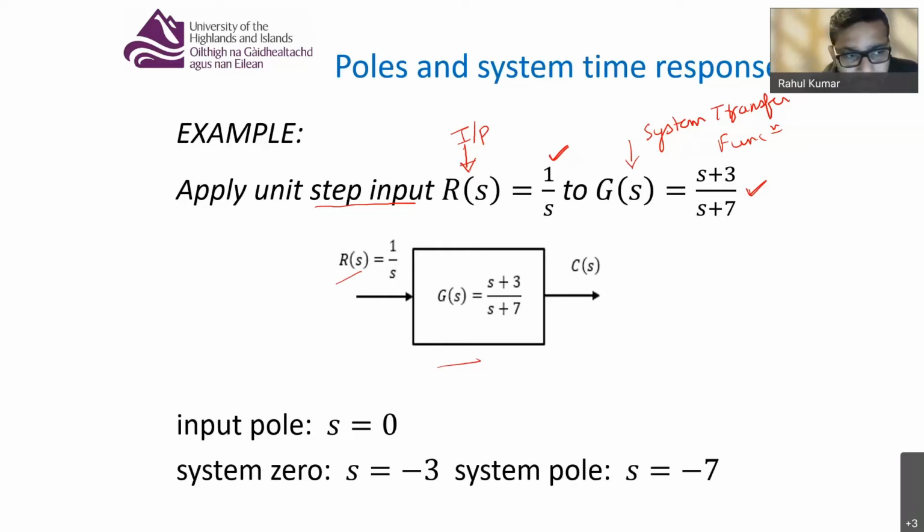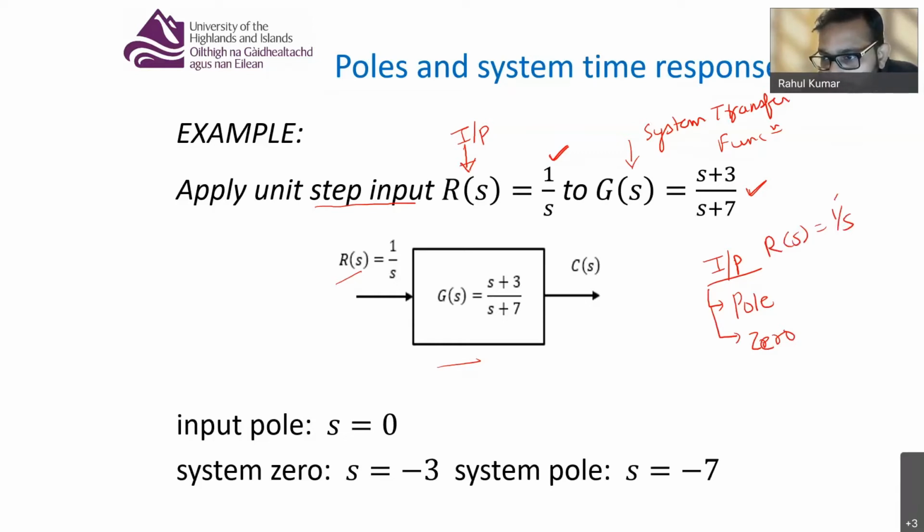So the first thing I do is find the poles and zeros for both input and output. Let's find the values of poles and zeros for the input. The input is R(s) = 1/s.